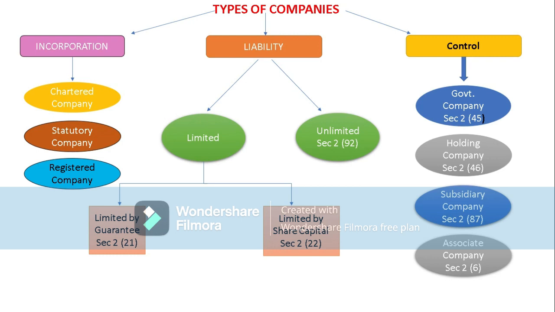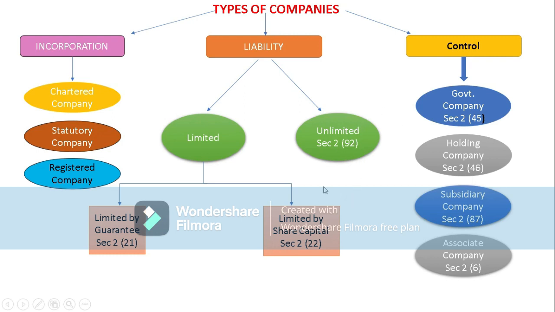Unlimited liability companies are also not very popular here. So we cannot say a particular specific amount. It depends upon the company laws, but persons will be personally liable to pay those debts.